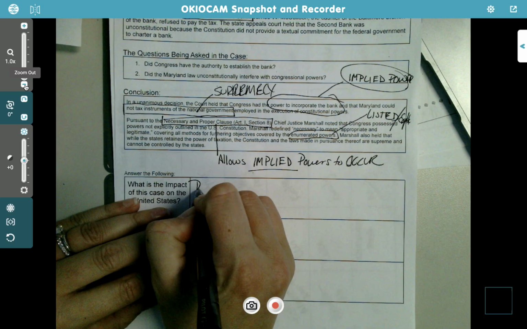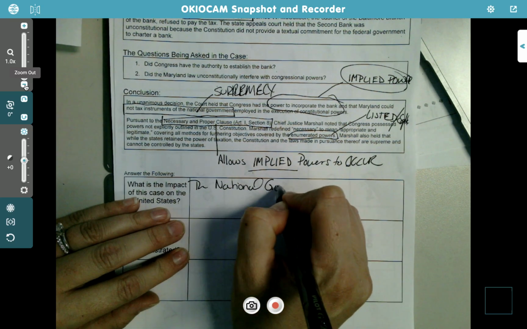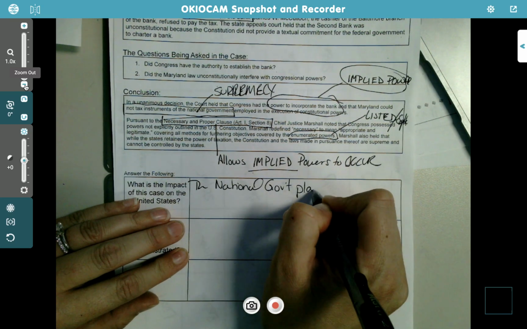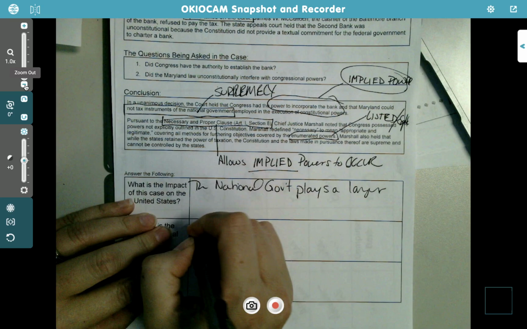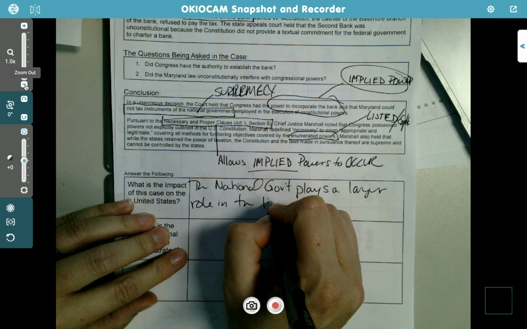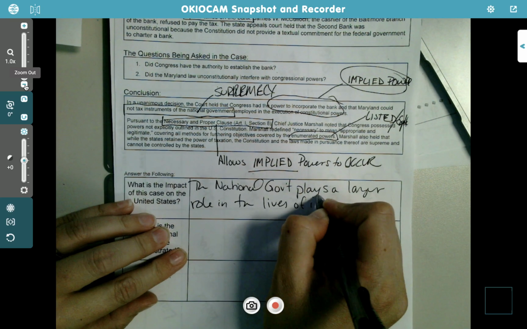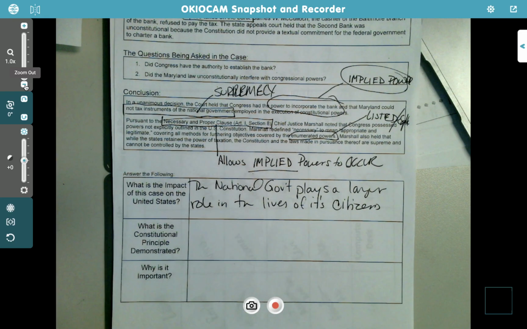So, the national government plays a larger role in the lives of its citizens. So the government has even more power than we thought, and those powers are called implied.